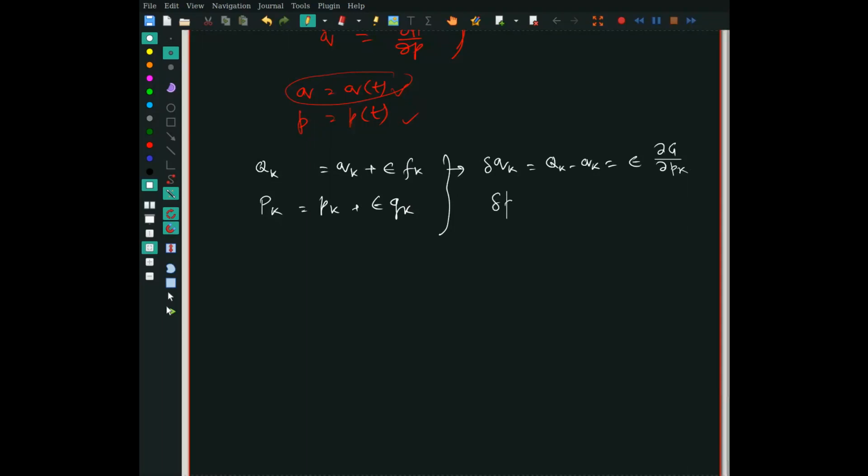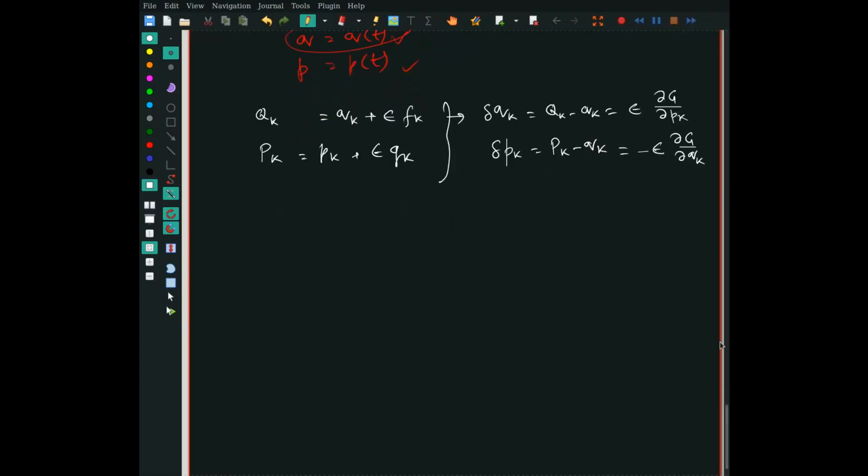And similarly, you can write delta p_k, which equals P_k minus small p_k, which equals minus epsilon times del g del q_k. So if you change your q_k and p_k like this, then your Hamiltonian, which was a function of q and p, will in general also change.